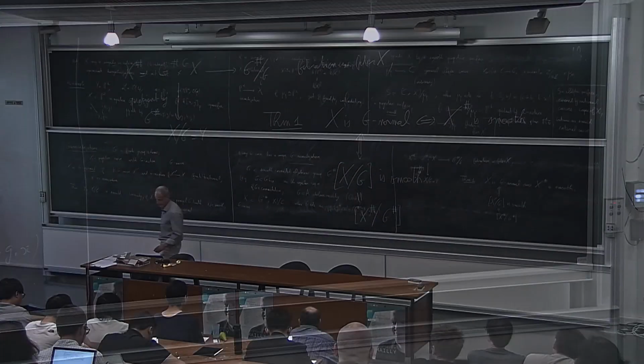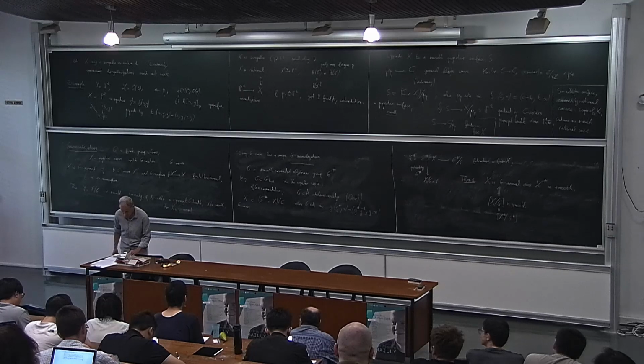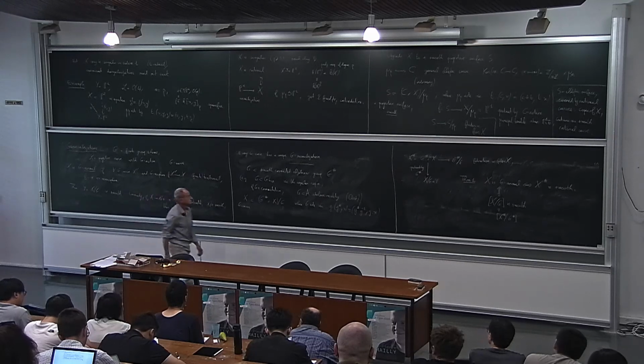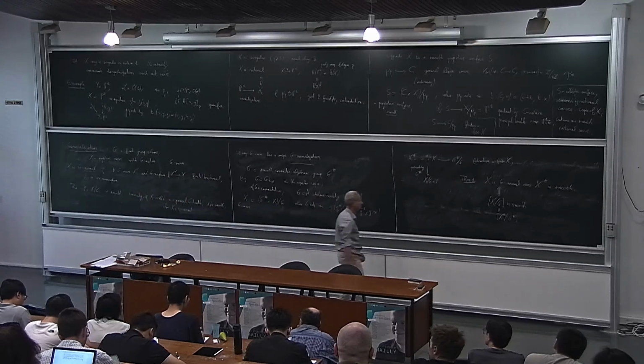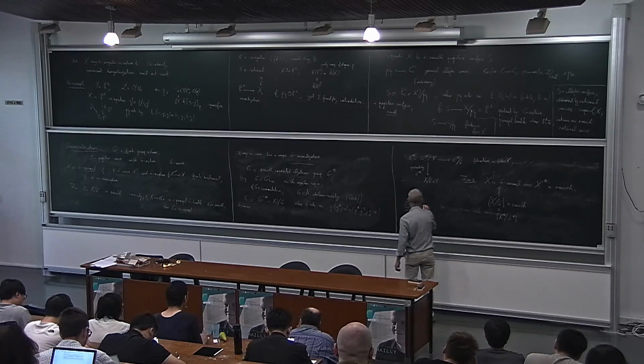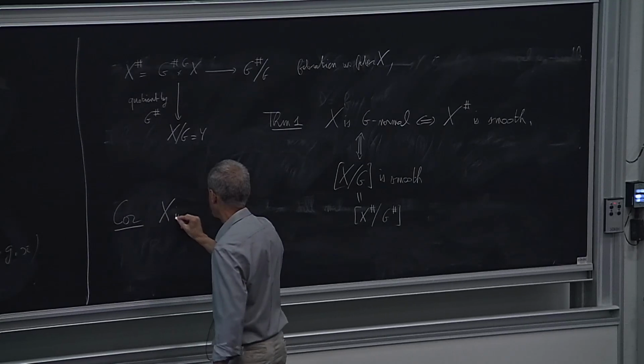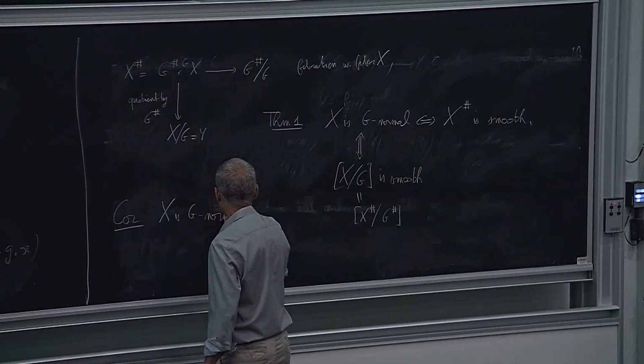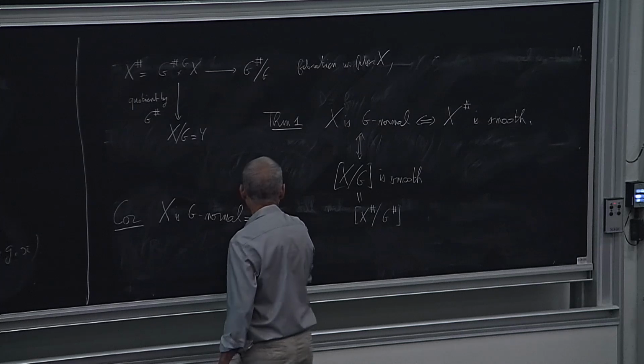So you see some useful corollary, which is that if X is G normal, it's a local complete intersection.